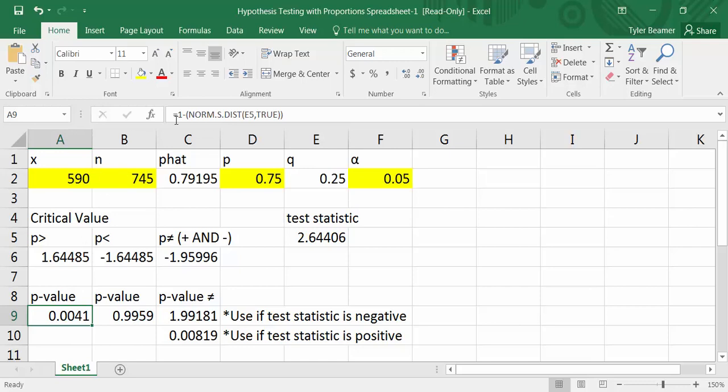And you can see that we're doing 1 minus to get the area in the right tail, and we are doing a normal distribution. This is the p-value associated with an alternative hypothesis of less than. And so we're just using the norm distribution in this case.